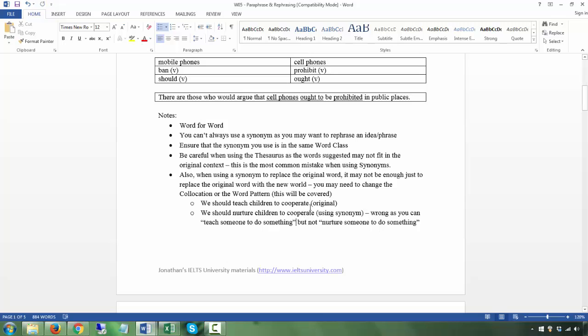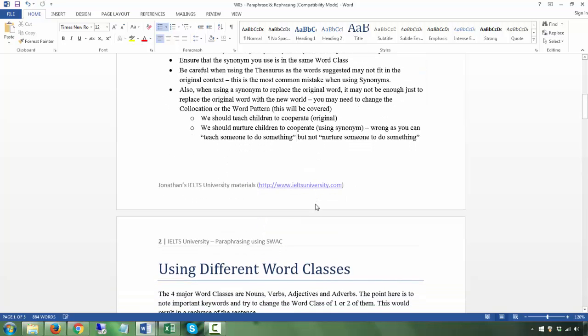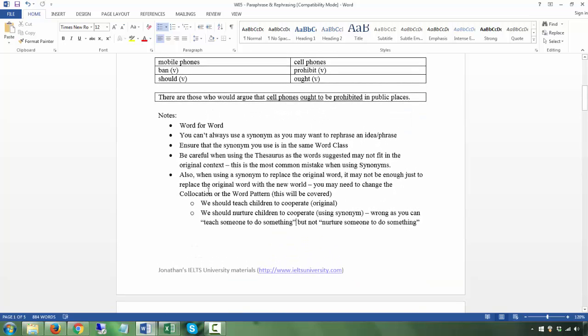Okay, so you have to understand how you use the word may differ from the way you use the original word. Okay, and collocations also. Collocations are words that go together naturally. So go back to my writing class 2 where I discuss collocations, and you can't just substitute a word one for one, replace the original word with a synonym, and expect everything to be perfect.